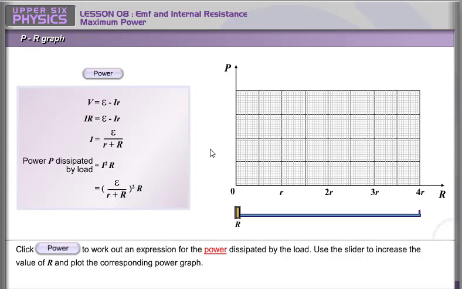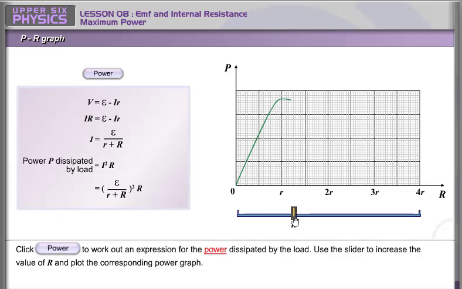Based on this, we increase the R, and we will get this. You see, the power is maximum when your big R is equivalent to the small r. Small r, remember, is the internal resistance of the cell.